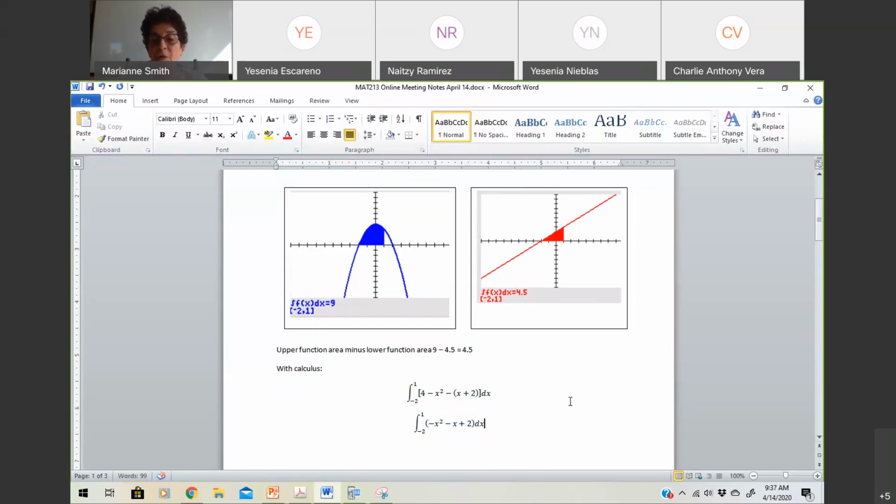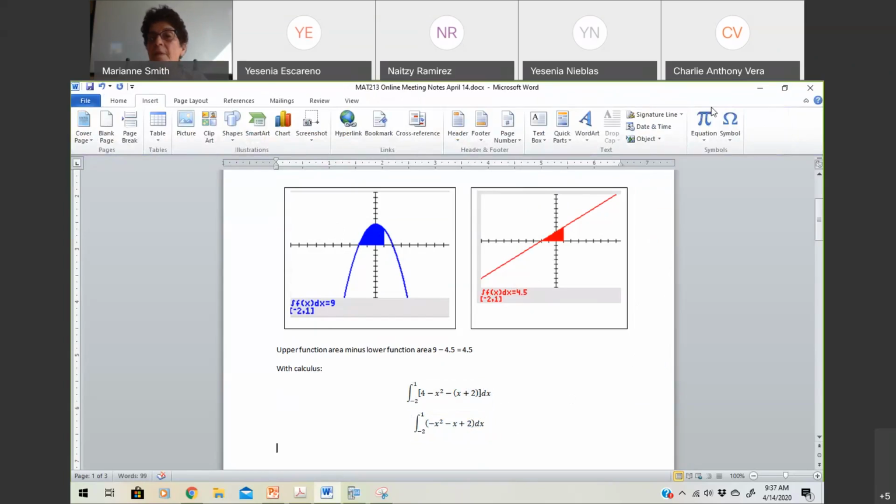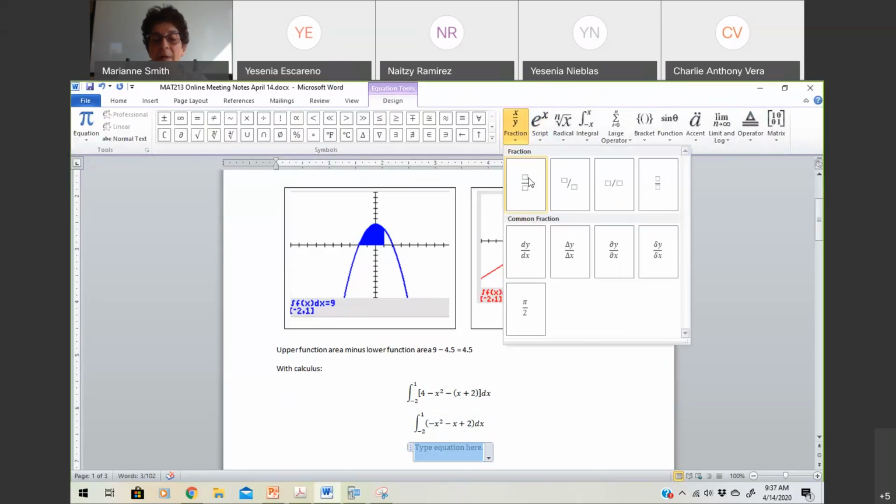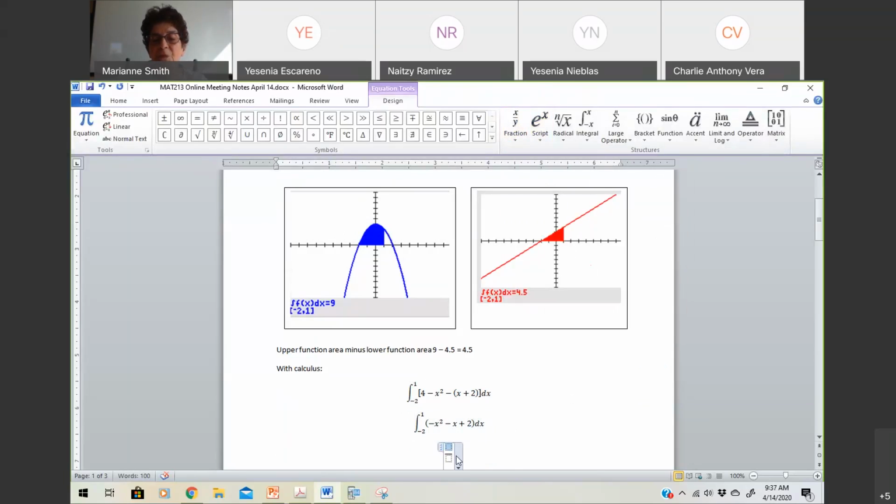So then if I actually do the integrating, -x squared, realize the negative sign isn't going to go anywhere, so that'll be out in front of this. So negative sign. The x, I'm going to increase the exponent on that to a 3, and then put that over 3. So that's the integral of the first term.